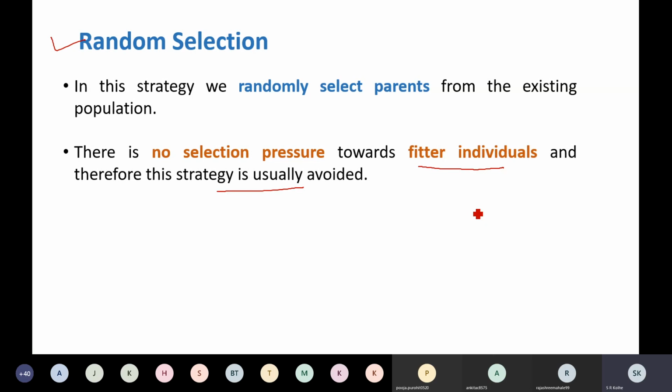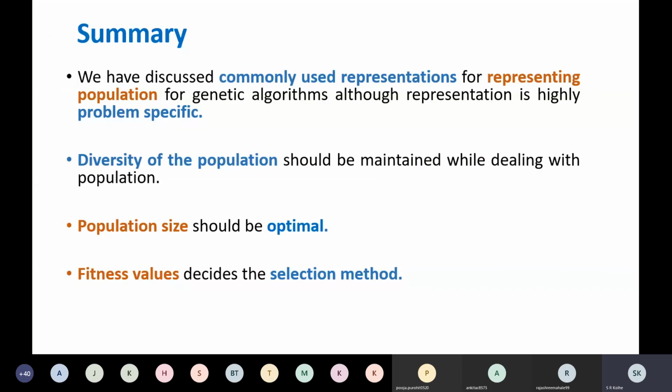Today we have discussed techniques so that you can use the appropriate one while implementing genetic algorithms for the problem in question. Let us summarize what we have discussed. We have discussed various methods for representing population. Diversity should be maintained in the population to get an optimal solution.